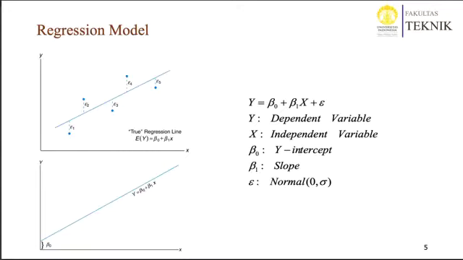For example, here we can relate the force for stretching a spring and the distance that the spring stretches. In this example, we can simply say that the slope from the linear model is the spring constant for our spring. Beta 0 is the intercept of the line.